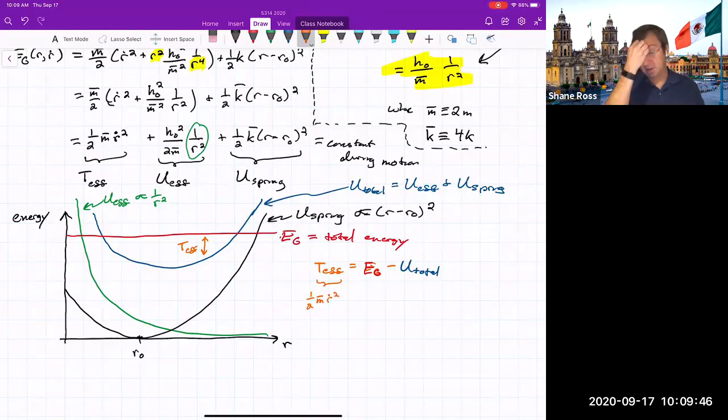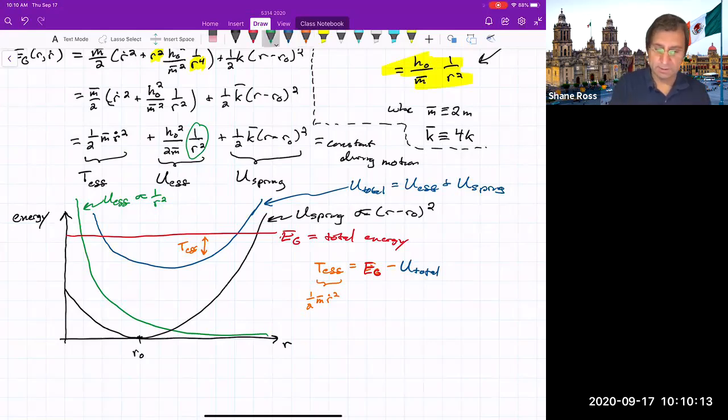So even though this is a 2-particle system, the dynamics looks like, at least in the radial direction, we have effectively 1 particle of mass m bar, and it's experiencing a potential energy due to the spring and this effective potential energy that really has to do with conservation of angular momentum.